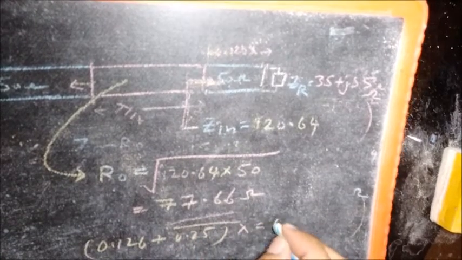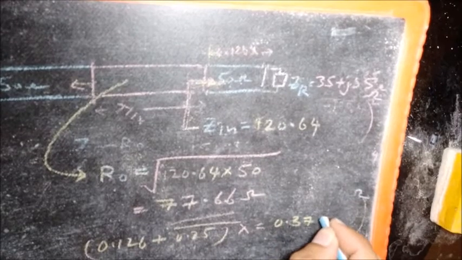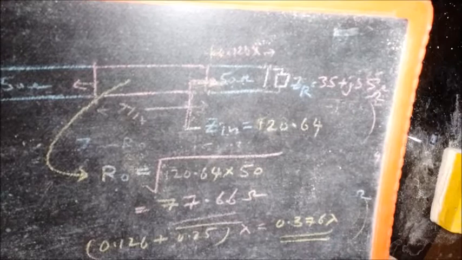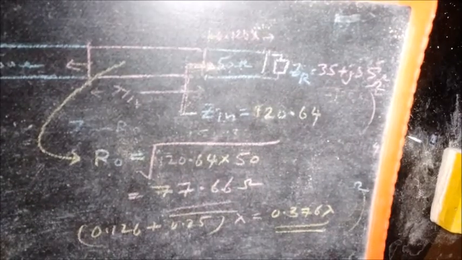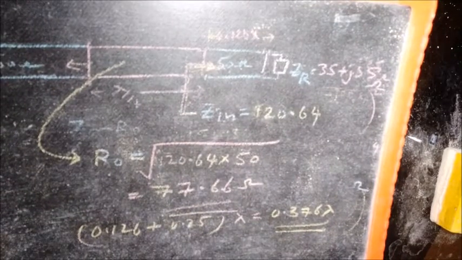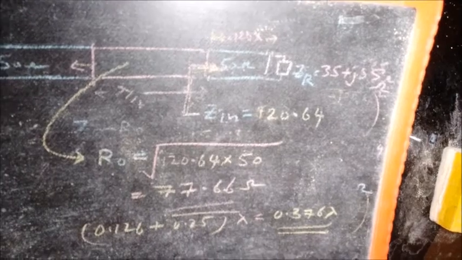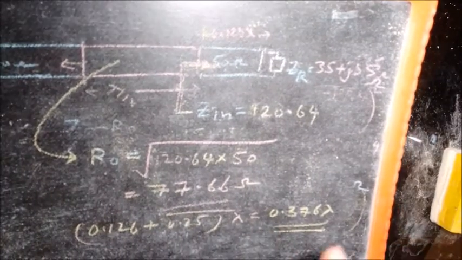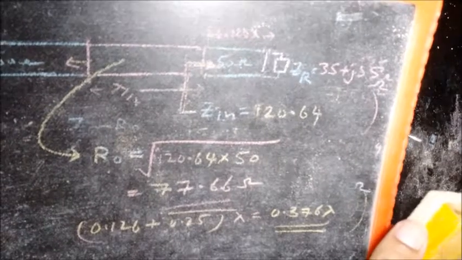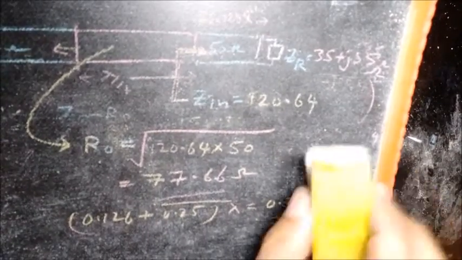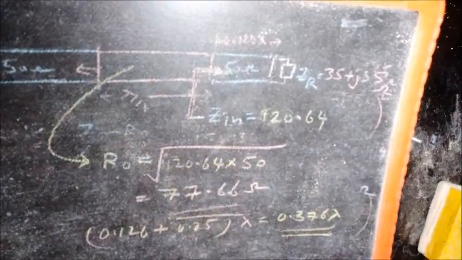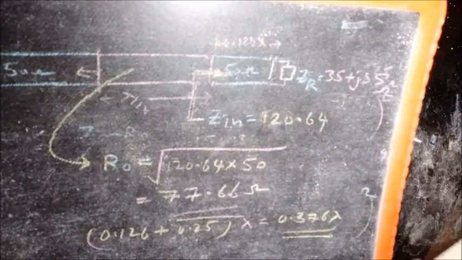That turns out to be 0.376 lambda. So that is the length. You can see that it's pretty small, but actually it is said that this dimension is comparable to the dimension of the antenna itself. Anyhow, we are not bothered with it right now. And this is how we have solved the problem. So Z0 here has to be 77.66 ohms.